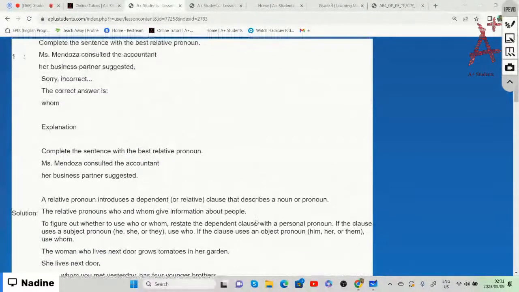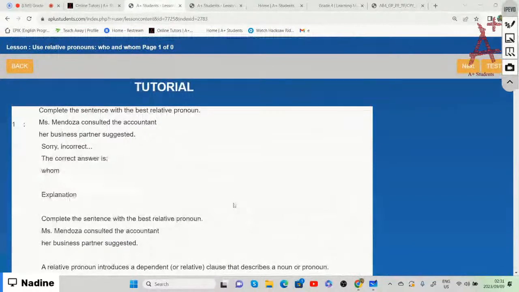All right. So now we're going to complete the sentence with the best relative pronoun. Miss Mendoza consulted the accountant. Her business partner suggested.